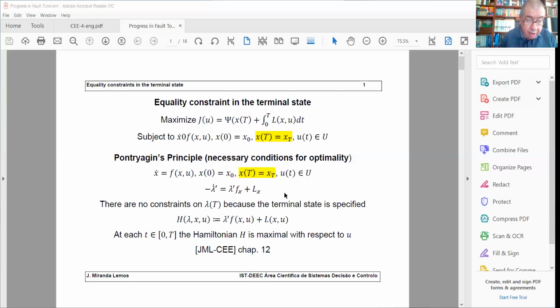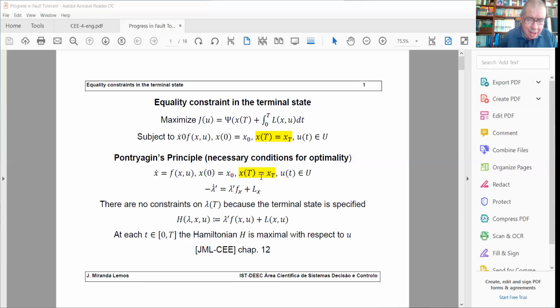Now, after you get the optimal control parameterized by these constants, you impose the initial and terminal conditions, and you solve the state equation using the optimal control. And by imposing these conditions, you can compute these constants and solve the ambiguity in the manipulated variable.